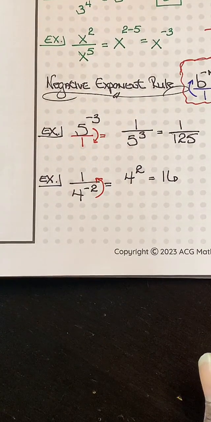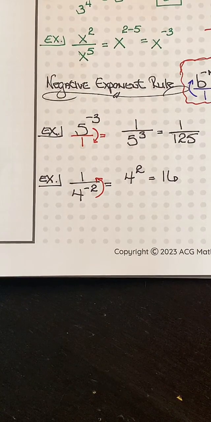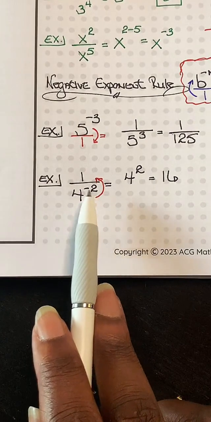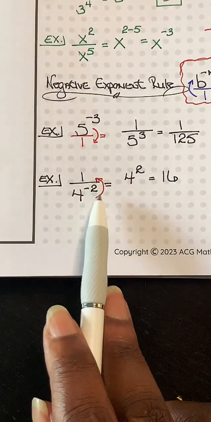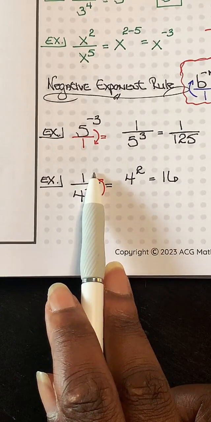So for those that gave me fractions, do you see what happened? It's not 16 squared. Yep, so you moved it to the top. Got it? So anytime wherever that negative exponent is, that is what needs to move. You just move it opposite. If it's in the denominator, you move it to the numerator.